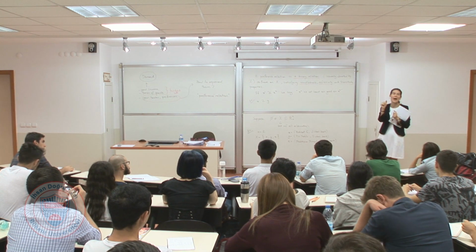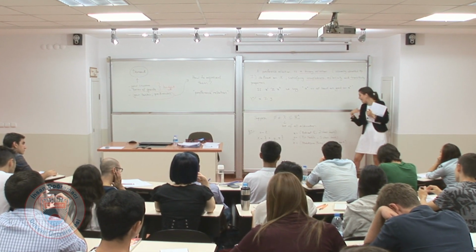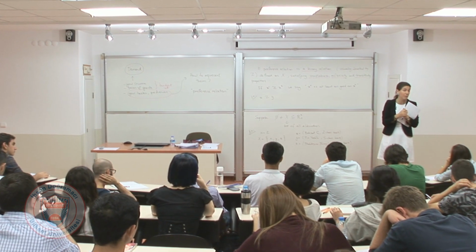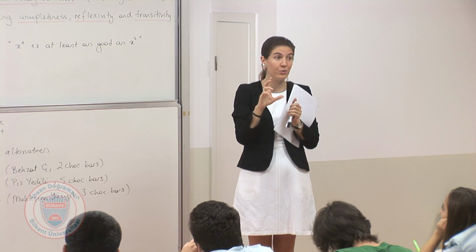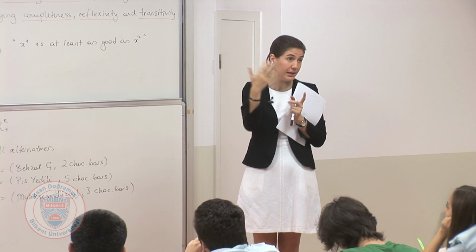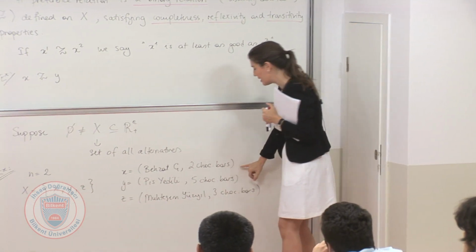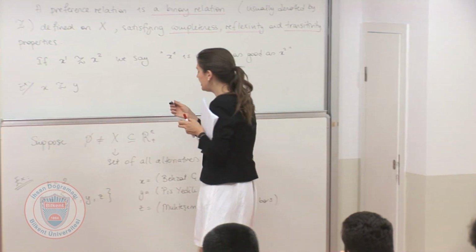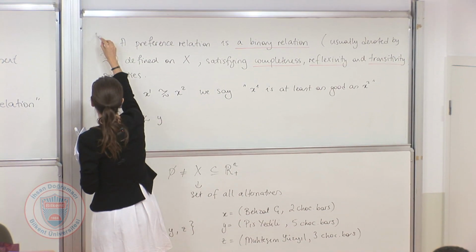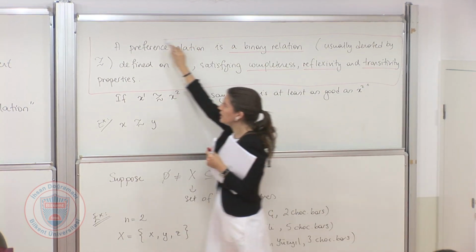So you're equally happy when I have Behzatçı and 2 chocolate bars, and when I have Muhteşem Yüzyıl and 3 chocolate bars, and we're going to say I'm indifferent between them, okay? If you're equally happy consuming them, you're going to be indifferent, okay? So this is the definition that we give.